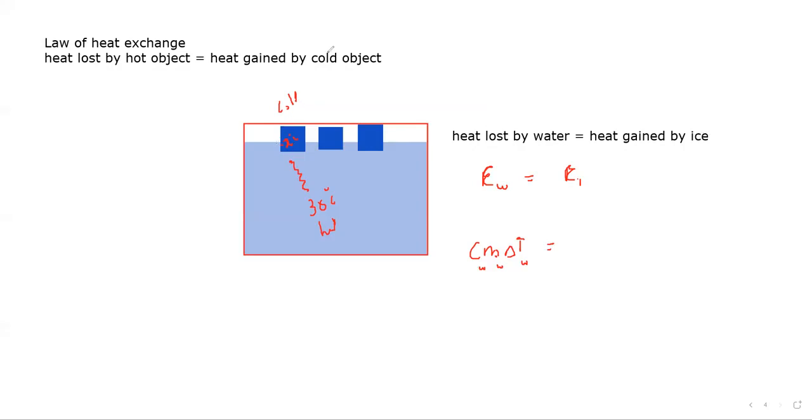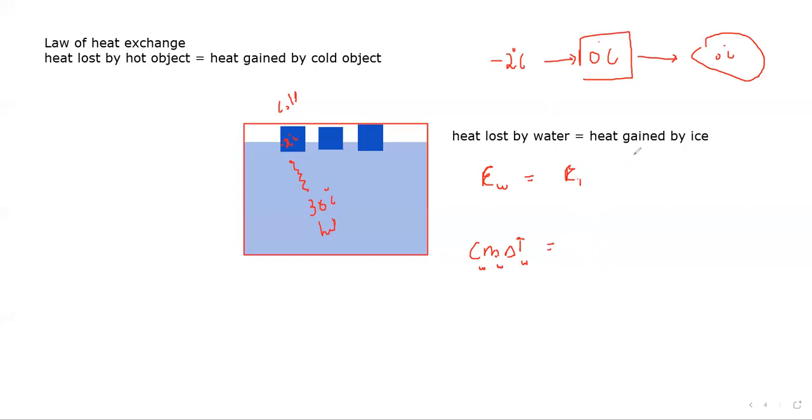Here I mentioned ice is at -2. If it's pure ice, it will reach 0. So first there will be a change in temperature, then there will be a change in state. Whenever the state is changing, the temperature does not change, because the energy is used to break the intermolecular forces.